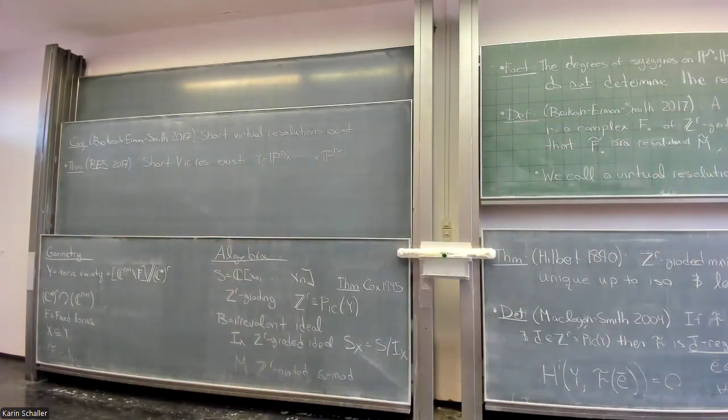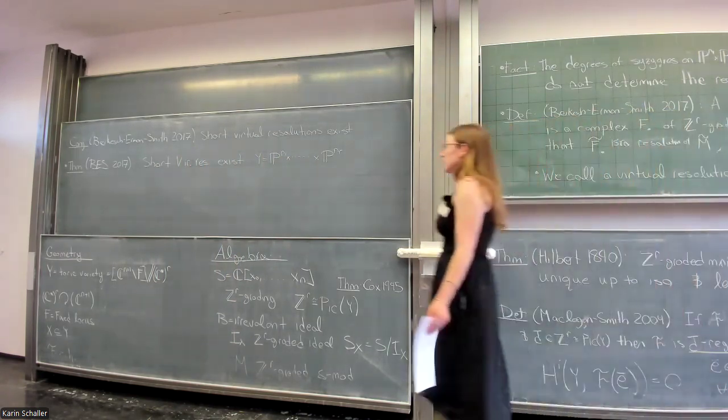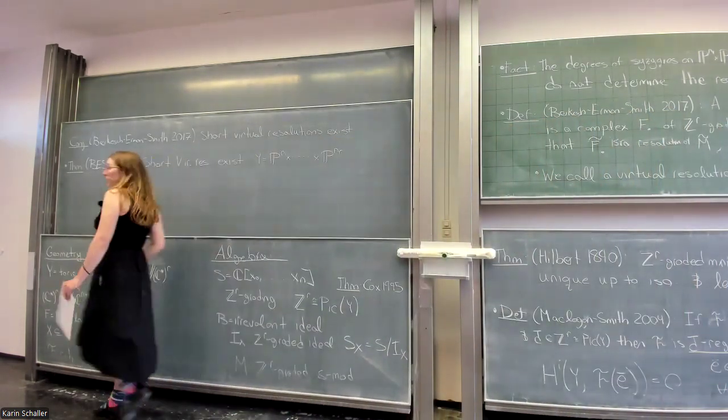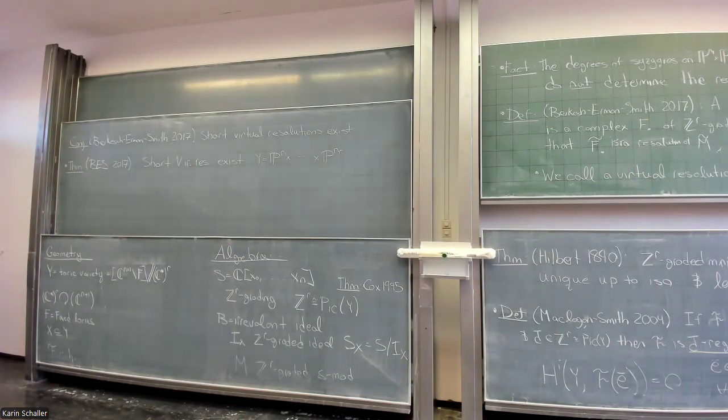So when you have a product of projective spaces, virtual resolutions exist and are short. Great. Pretty limited. How does the proof go for this?